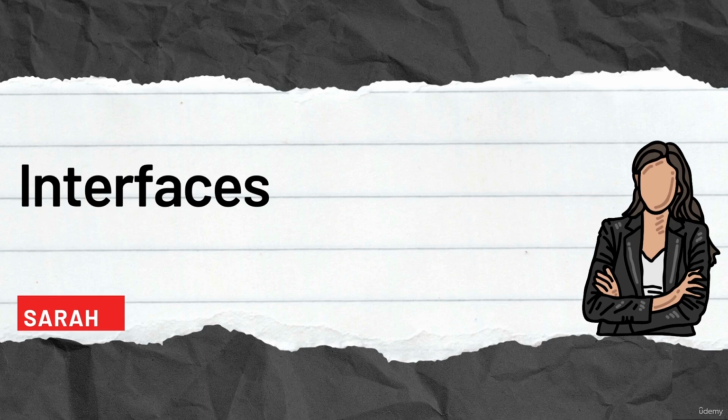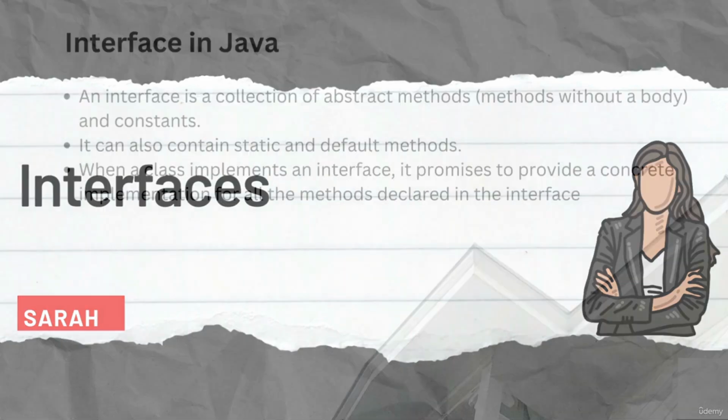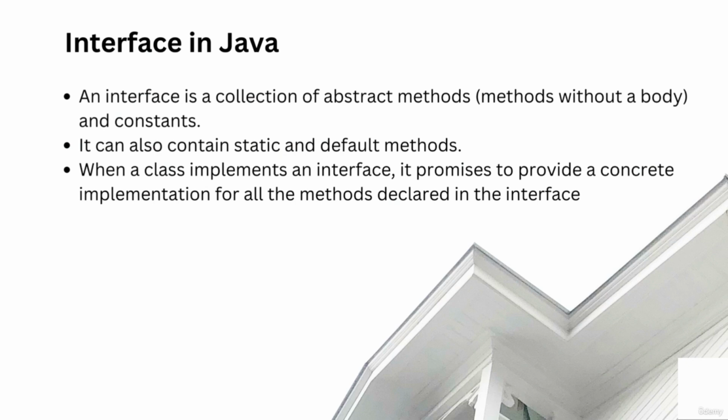Next, we'll look at what are interfaces in Java and how to implement them. An interface in Java is a reference type which is similar to a class, but it can only contain constants, abstract methods, which are methods without a body, and static and default methods. The methods that contain implementation are default and static methods.